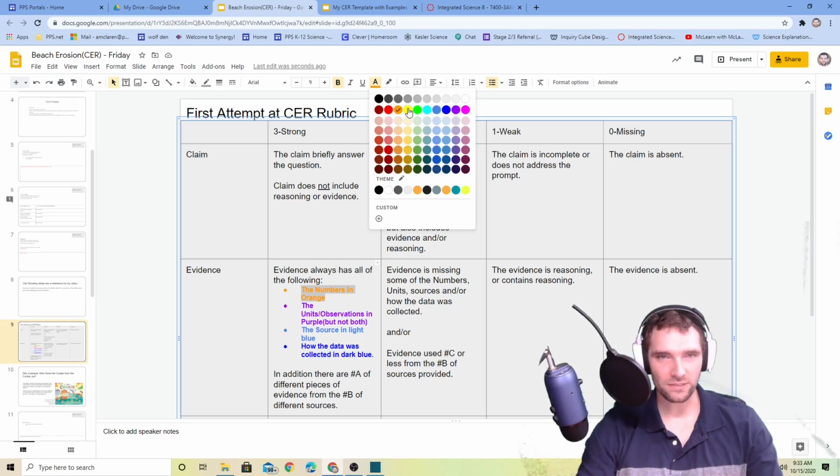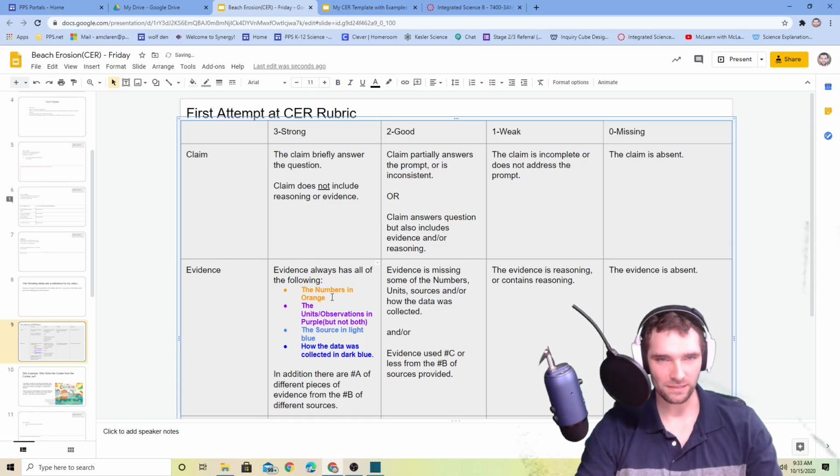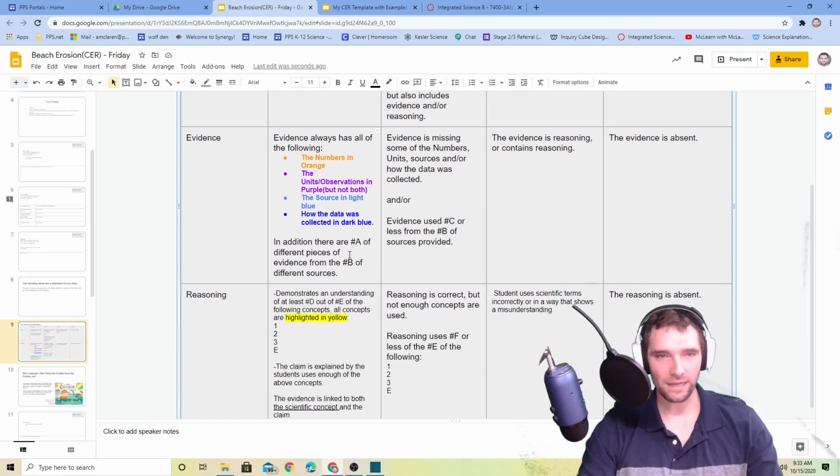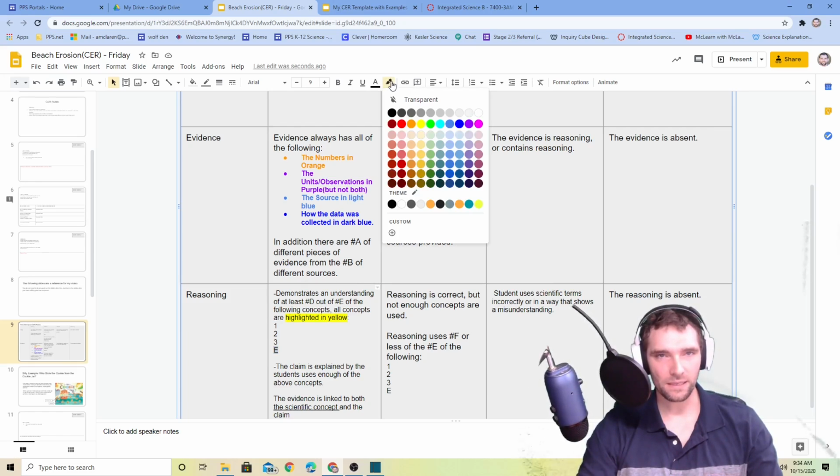That's how you change it. So if you want to do the orange color like that, you would change the text like that. For the highlighting piece, it's very similar. If you click and drag over something that you want to highlight, then you go up to the top, and there's the highlight. It's right next to the text color.